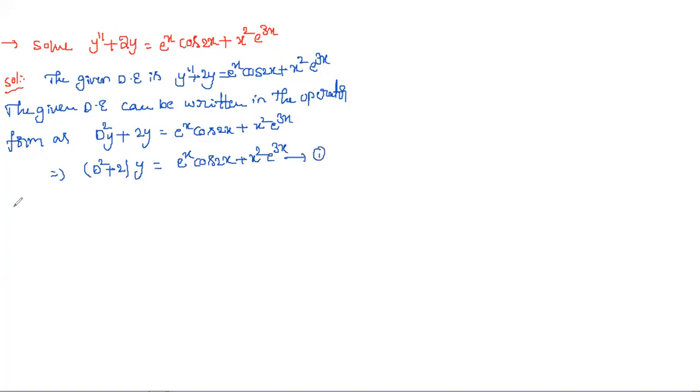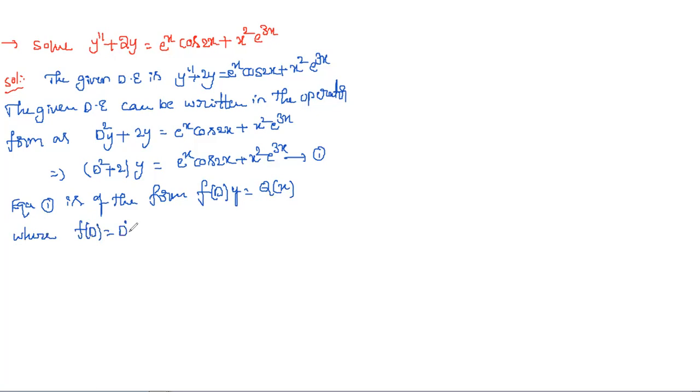So equation 1 is of the form f of D into y is equal to Q of x, where f of D is D square plus 2, and Q of x is e power x cos 2x plus x square e power 3x. This is Q of x.